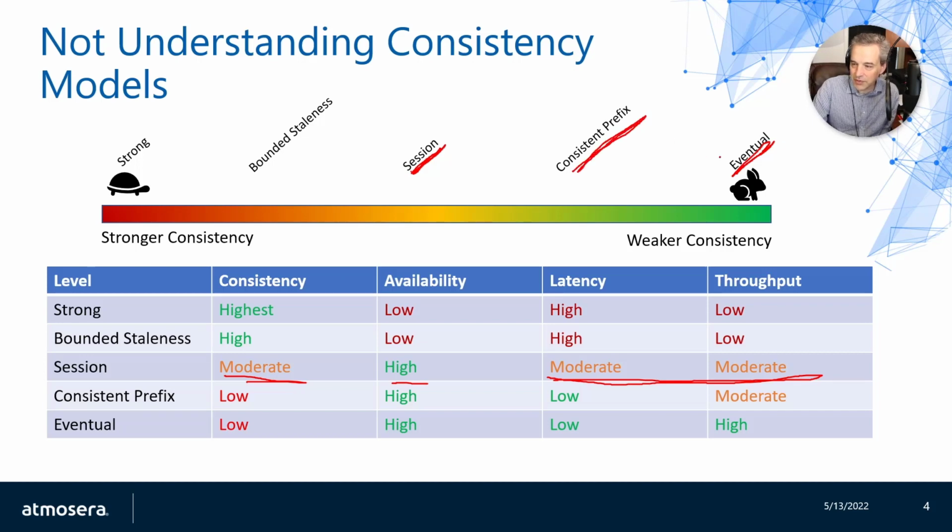Basically the difference between these two is that this one guarantees any read I do won't be out of order with respect to the writes. Eventual consistency guarantees that the last write will eventually be the one that is out there. But consistent prefix means I'm never going to read something that is out of order from a write.